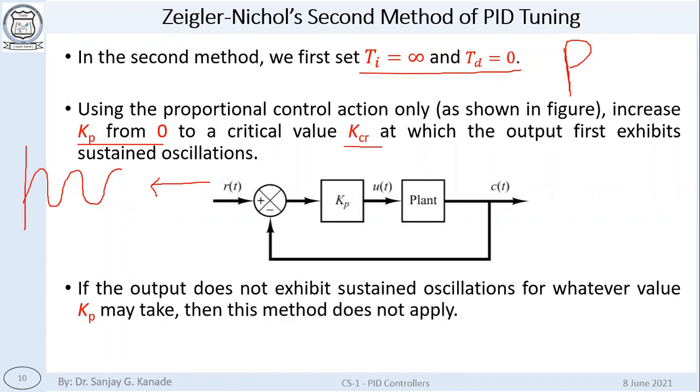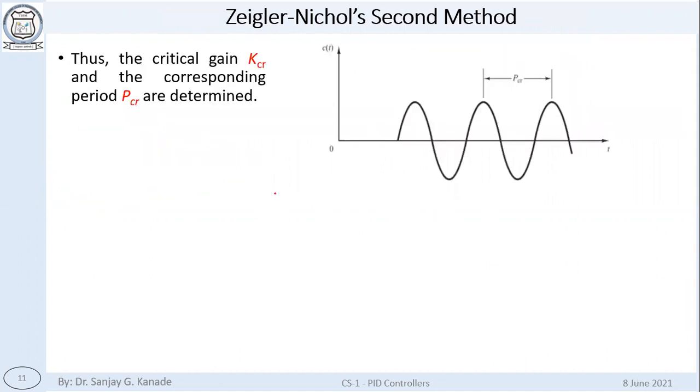And critical gain is used to find out the value of the period of sustained oscillations. These are the sustained oscillations that we obtain, and this is the period of sustained oscillations denoted as Pcr, or critical period it is also called.